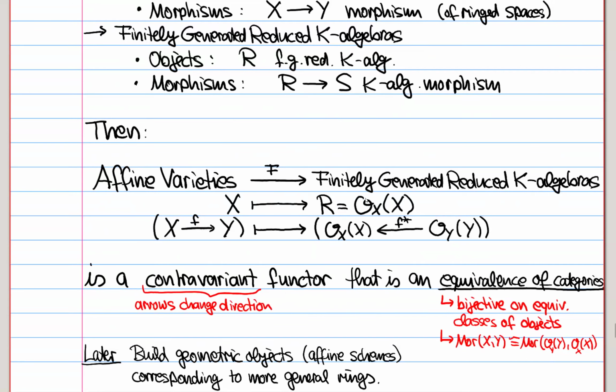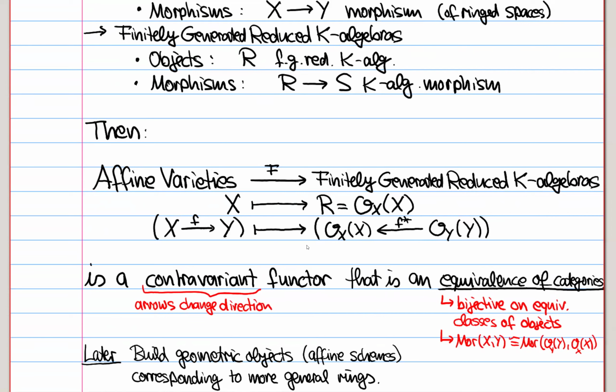This shows basically surjectivity, and similarly, you can see the injectivity. So this is one part, bijective on equivalence classes of objects. And the second part is that the morphisms from X to Y are exactly isomorphic to the morphisms from O_Y to O_X on this side.